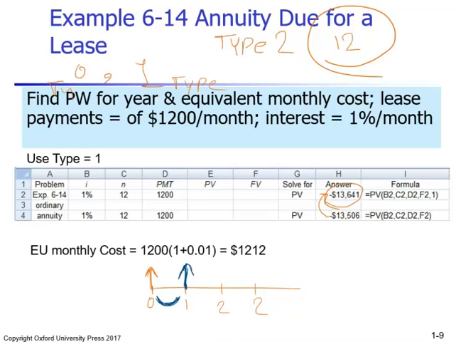So if you are paying your 1,200 at the beginning of the month, it means that you are ignoring the 1% interest rate that you can receive on your money for this 1 month. And 1,200 times that 1% is $12. So you skipped that $12.